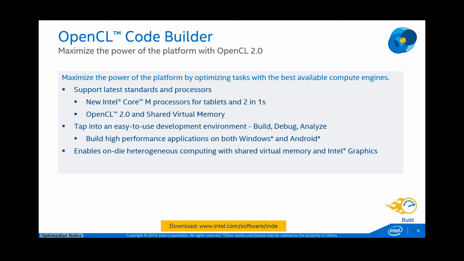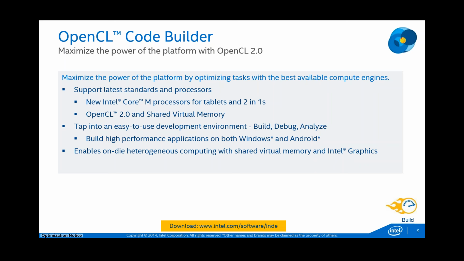Then you have the OpenCL code builder, again part of the integration, and you can have this kernel builder, or OpenCL code builder, as part of the IDEs that I have already discussed. And as I said, one major thing is that it works seamlessly across platforms, both on Windows as well as Android.